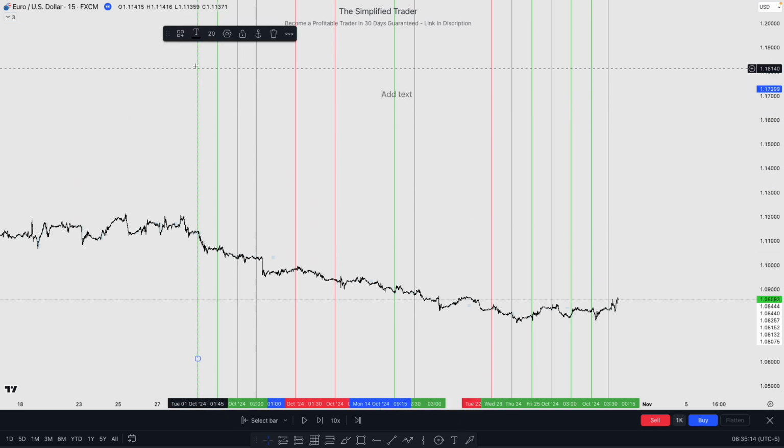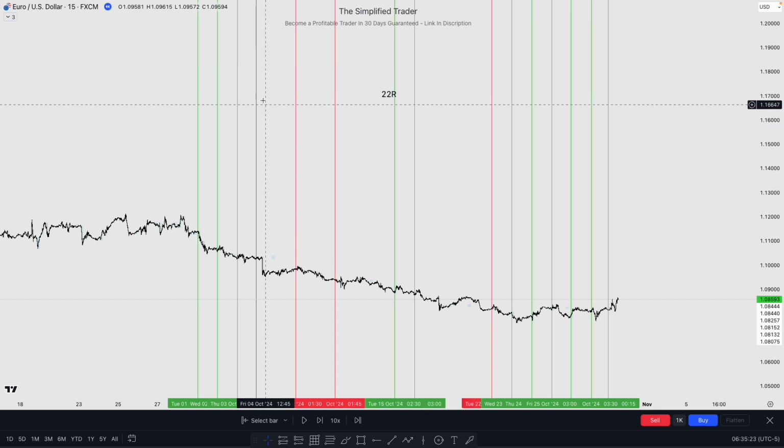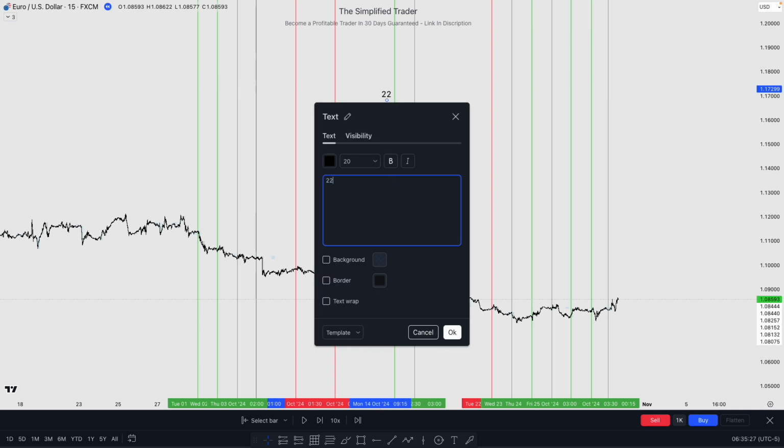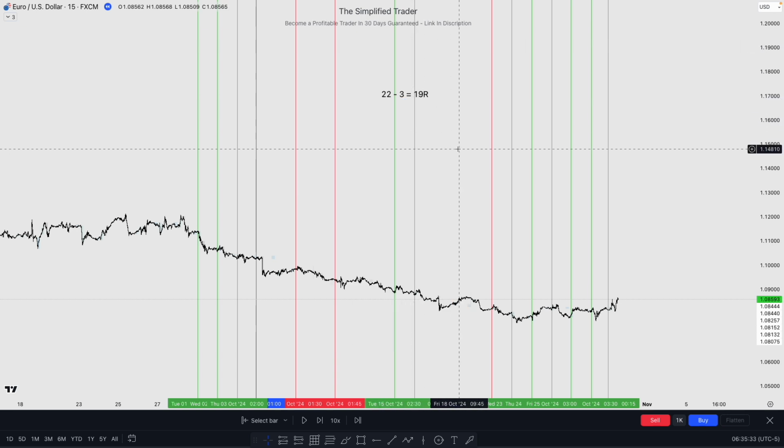So let's see, we made 2, 4, 6, 8, 10, 12, 14, 16, 18, 20, 22, 22R gained, minus 1, 2, 3. So plus 22 minus 3 equals 19R gained for the month of October.